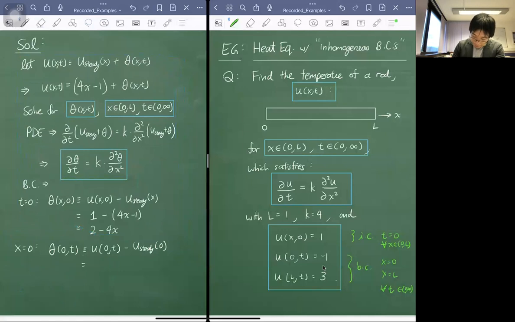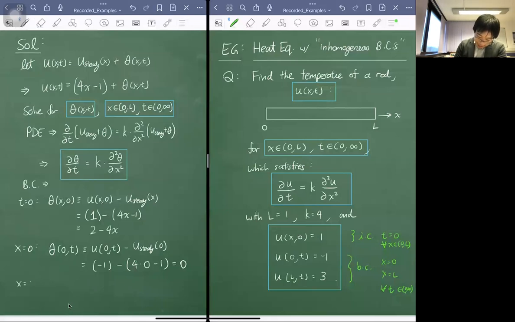It's given to be minus 1, minus, let me just quote this so you can match up each term, 4 times 0 minus 1. What do we get? Well, 4 times 0 is 0, minus 1 plus 1, so we get 0. Let's write it over here. So we get this boundary condition.